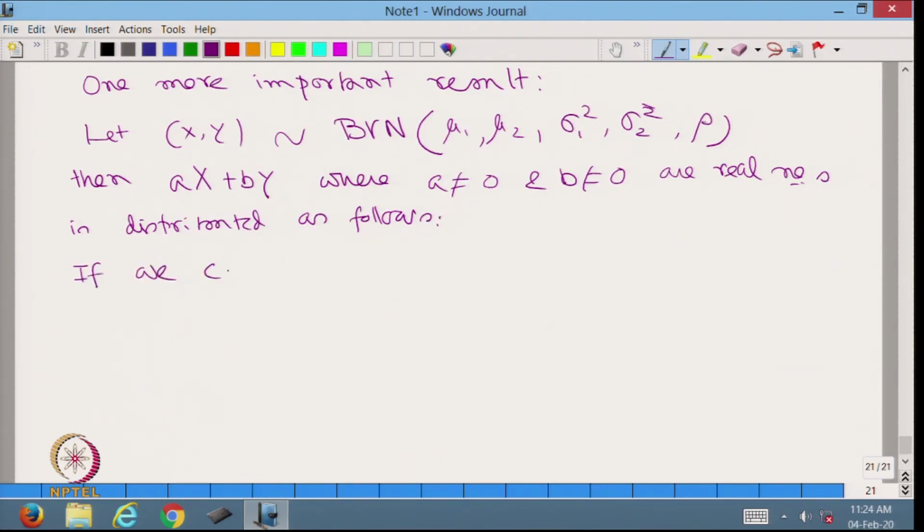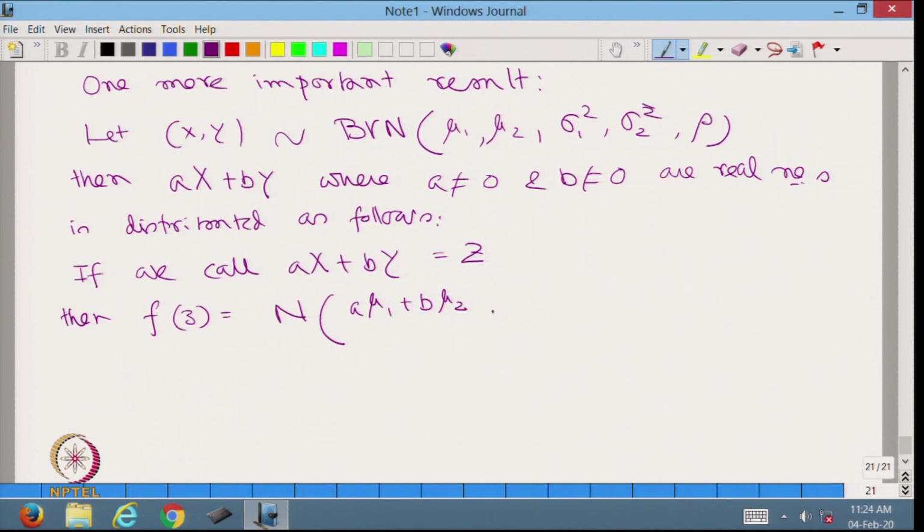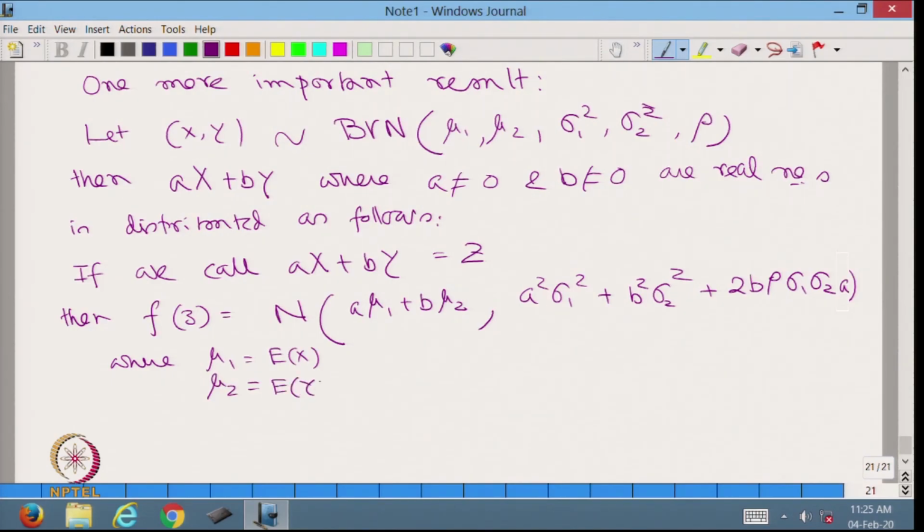If we call a x plus b y is equal to z, then f z is equal to normal with mean is equal to a mu 1 plus b mu 2, and variance is equal to a square sigma 1 square plus b square sigma 2 square plus 2 a b rho sigma 1 sigma 2, where mu 1 is equal to expectation of x, mu 2 is equal to expectation of y, sigma 1 square is equal to variance of x, sigma 2 square is equal to variance of y and rho is equal to correlation between x and y.